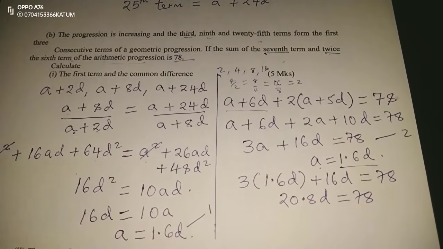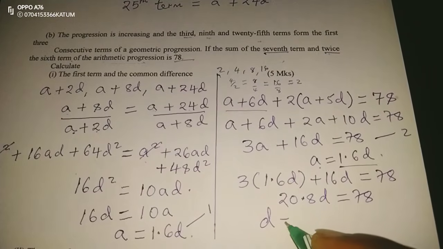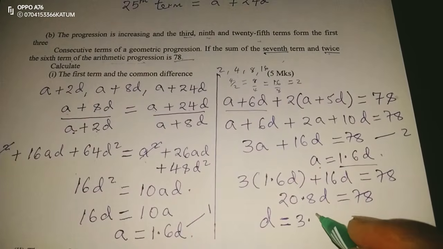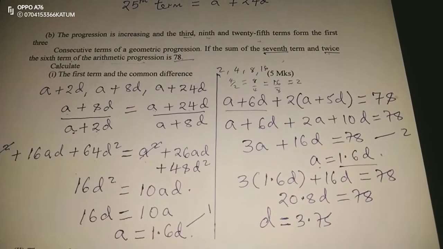So the value of d at this point can be obtained by dividing 78 by 20.8, and we'll get 3.75. That is the value of d.